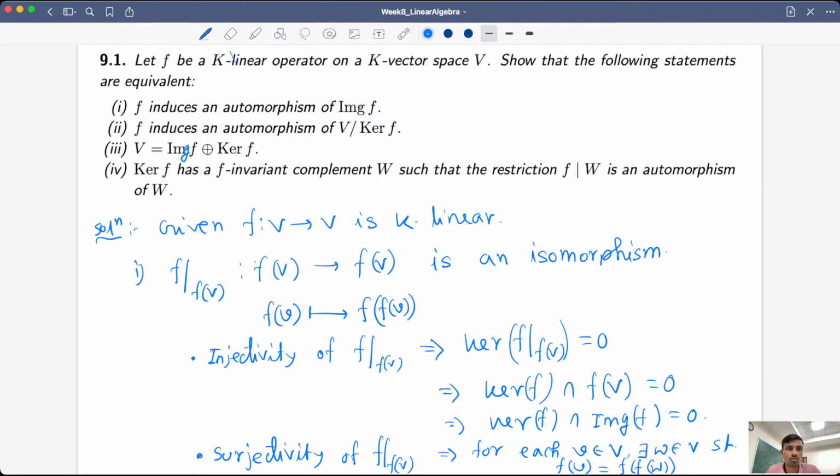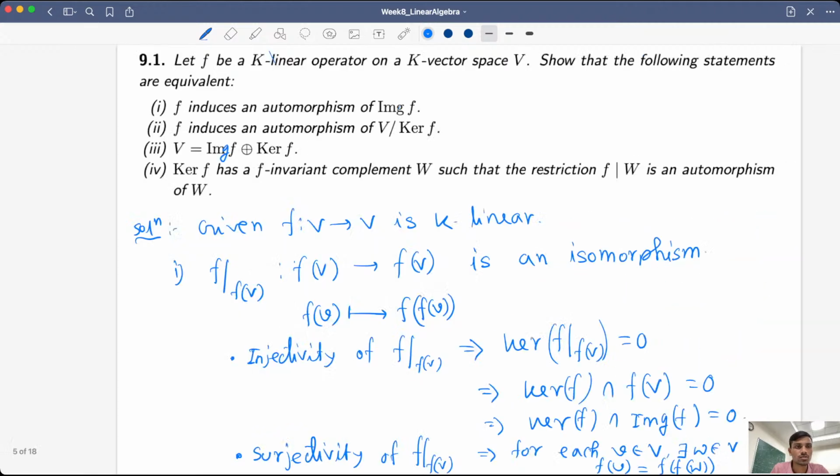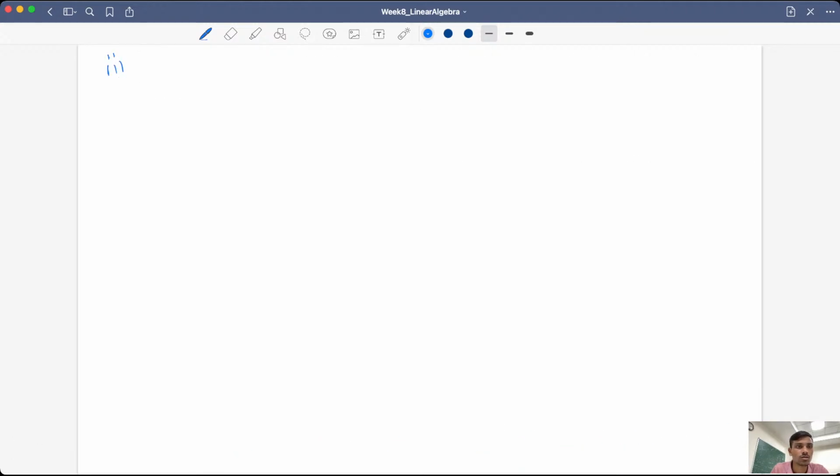Now this is the whole statement, like f induces an automorphism. Now what this will imply, so I need to show that it should imply that f induces an automorphism of V mod kernel f. Okay, so now let's go to the second one.